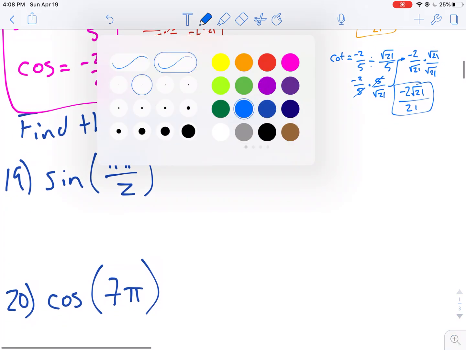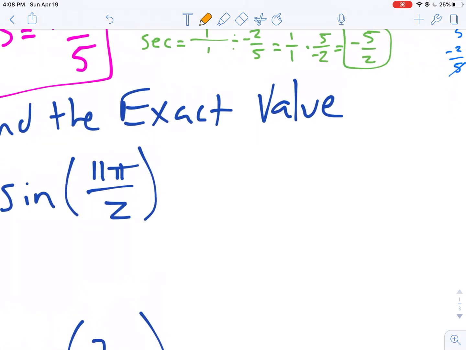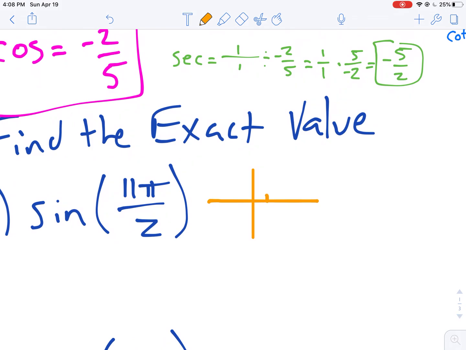So for number 19, sine of 11 pi over 2, the first thing I'm going to do is figure out where 11 pi over 2 is. Here's how I go about doing this. This is 1 pi over 2. This is 1 pi.